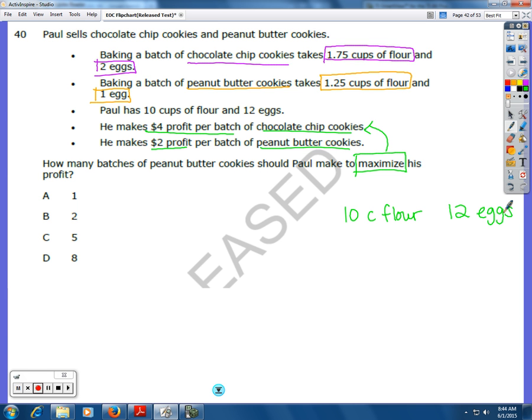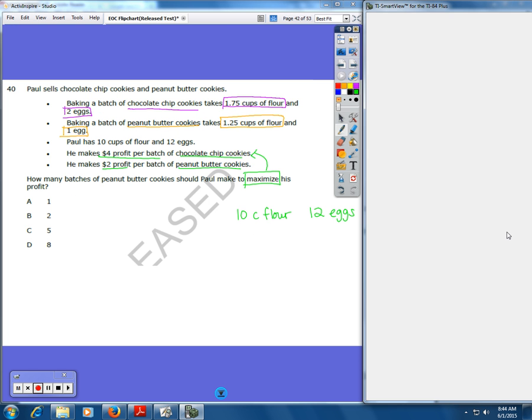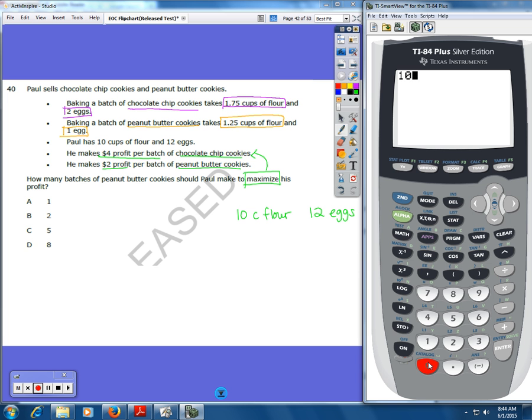If you look at the chocolate chip cookies, each one takes 1.75 cups of flour. So what I'm going to do is take my 10 cups of flour total and divide it by the cups of flour that it takes to make chocolate chip cookies, and that'll tell me how many batches of chocolate chip cookies I could make.